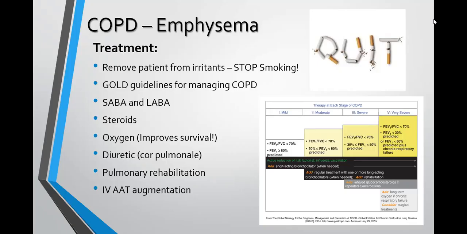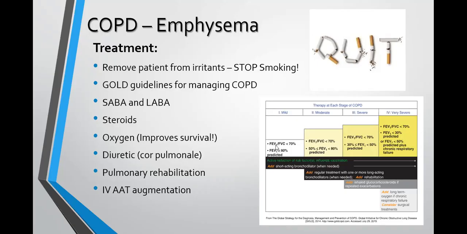This little chart over here, guys, is showing you the stages of COPD. Mild is stage 1, stage 2 is moderate, stage 3 is severe, and stage 4 is very severe. Patient can't even take a bite without running out of breath. Okay? You notice the FEV percentages, right?